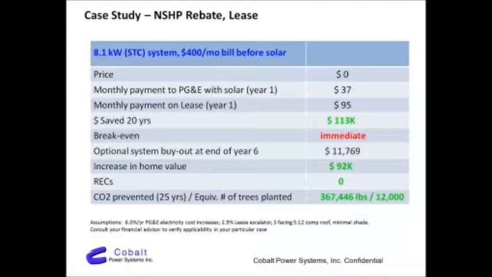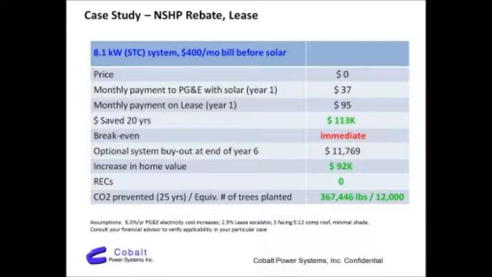This particular lease that we offer is a SunPower lease. SunPower has teamed up with Citibank, and it has numerous advantages over other leases, one of which is it gives you the right to buy out your system in year 6. Why is year 6 important? Well, remember I told you that the federal government and California allow you to do accelerated depreciation. And so the lease company writes off, they own your system on your roof, and they write it off through year 6.